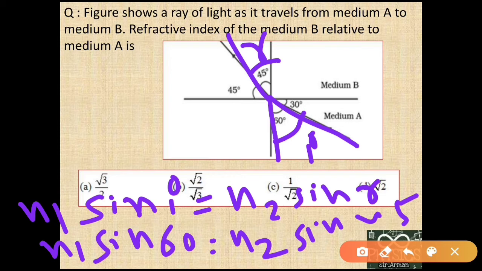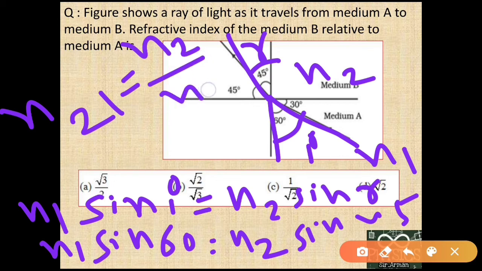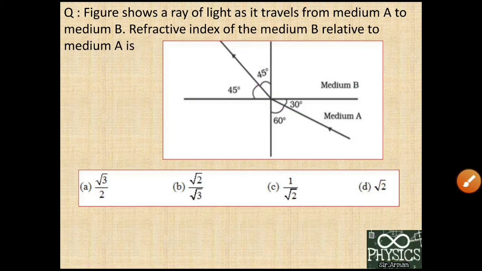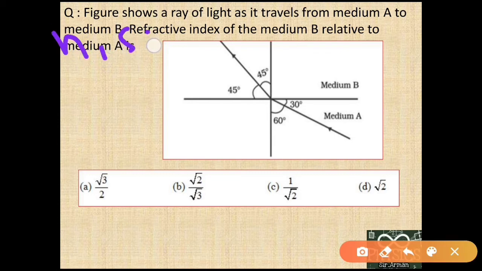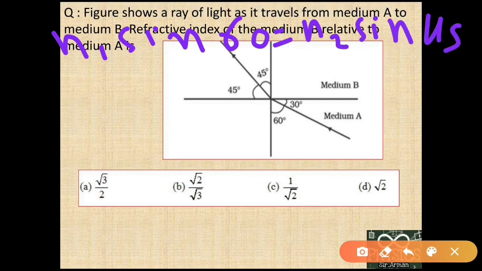So now what is asked? It is asked the refractive index of medium B with respect to medium A. Here medium A is our eta 1 and medium B is eta 2, so this asks for the refractive index of medium B, that is eta 2, with respect to eta 1. So we can write eta 2 by eta 1, right? So we will change these things in terms of eta 2 by eta 1. We have eta 1 sine 60 equals eta 2 sine 45.